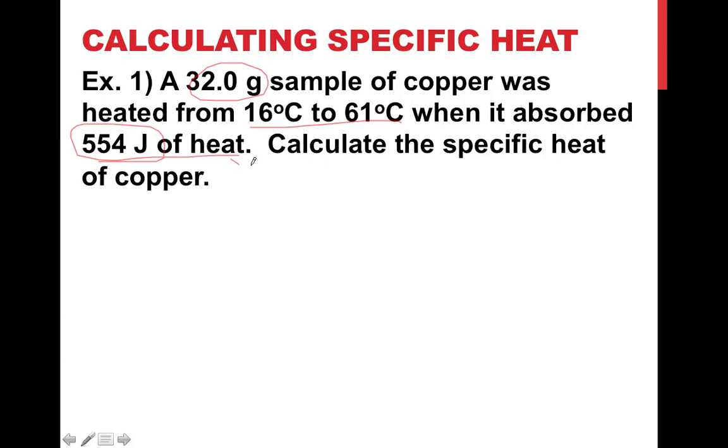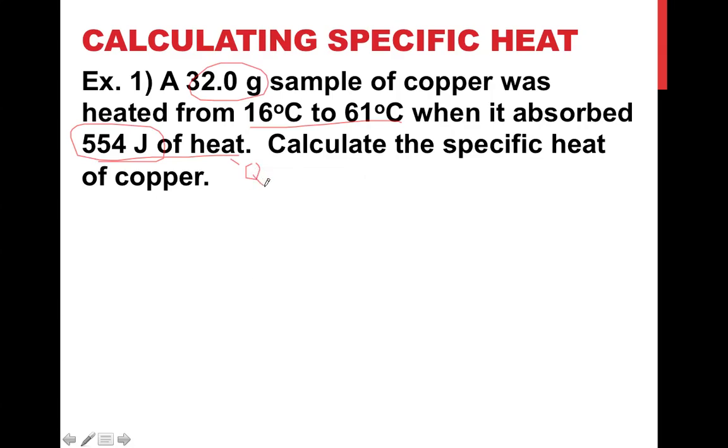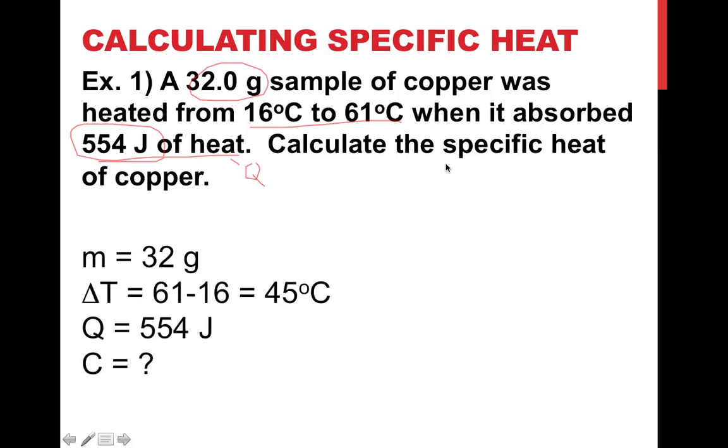Heat is Q. When we set up our givens, the mass is 32 grams. My ΔT, 61 minus 16, means I changed 45 degrees. My Q is 554 joules, and they want me to calculate specific heat, which is C. There's my equation, so I have my givens and here's my formula.